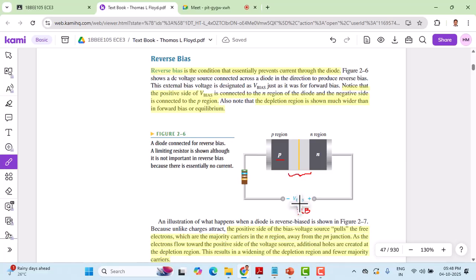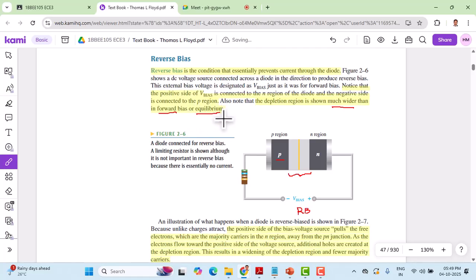What exactly happens in the reverse bias? The positive side of V bias is connected to the N region, and the negative side is connected to the P region. And the depletion region is wider. That's what we need to observe here compared to the forward bias or even equilibrium.